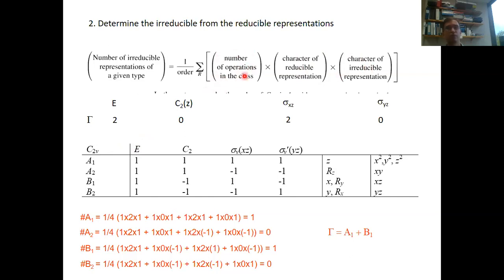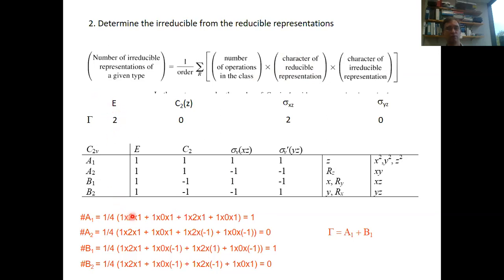So what is the number of operations in the class? Well, we would look at this column here and see, well, how many identity operations do we actually have? Well, of course, only 1. And therefore, that character is 1. So the character in the reducible representation underneath the identity, which we determined previously, is 2.